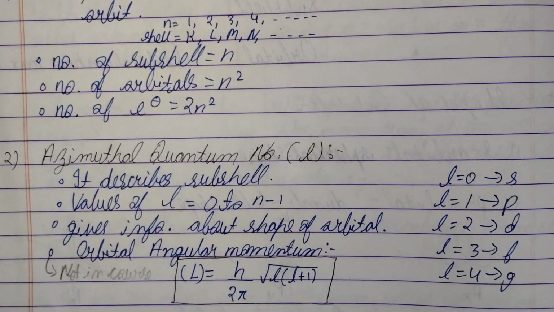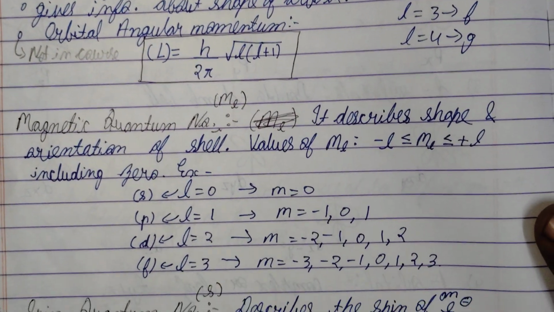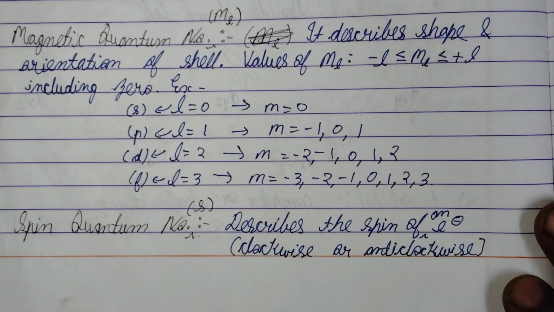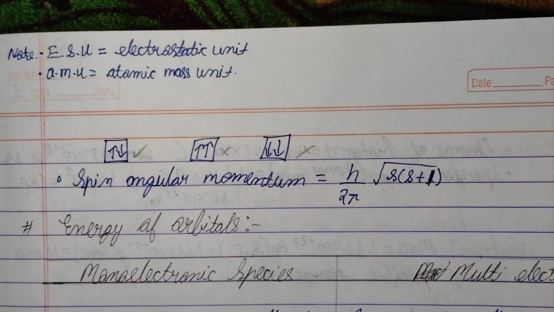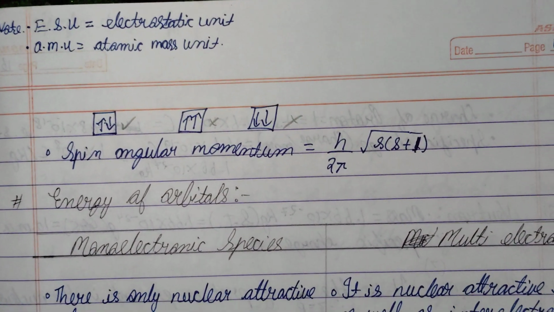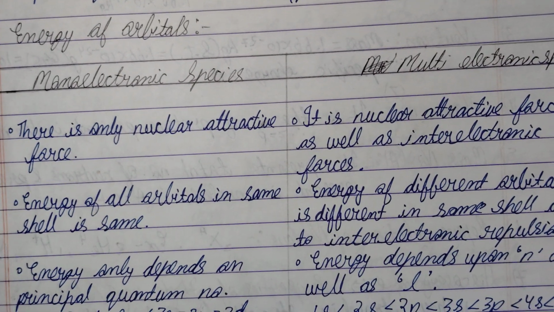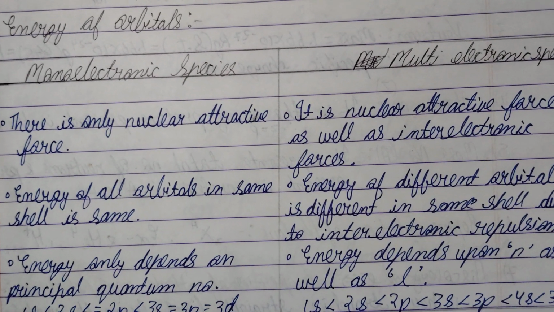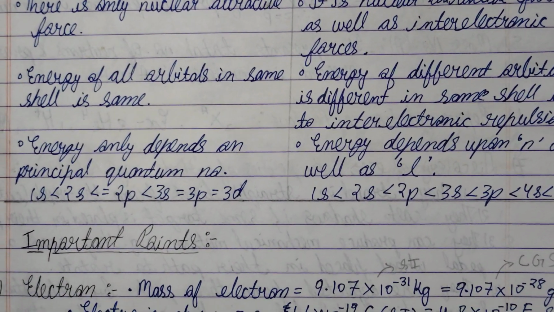There are 4 types of quantum number: principal, azimuthal, magnetic, and last is spin quantum number. Next is energy of orbitals. Theory part notes.